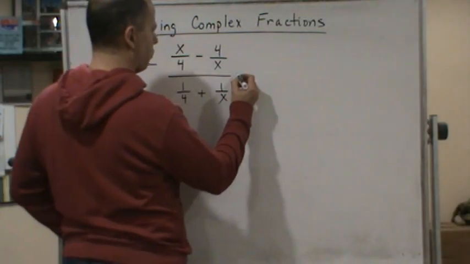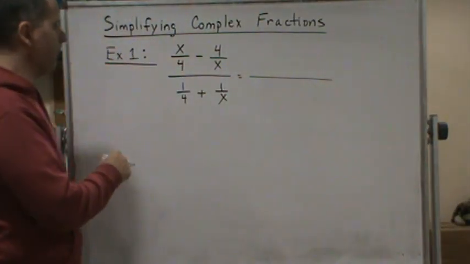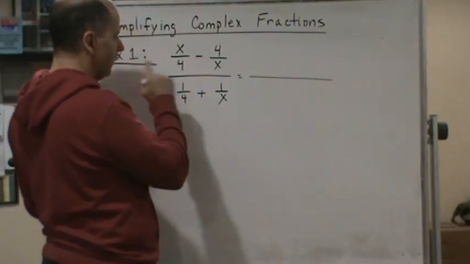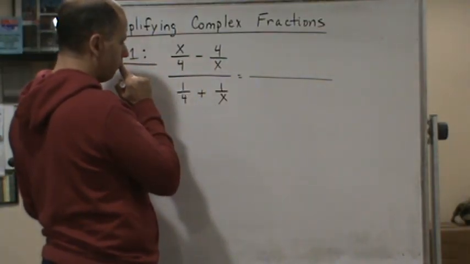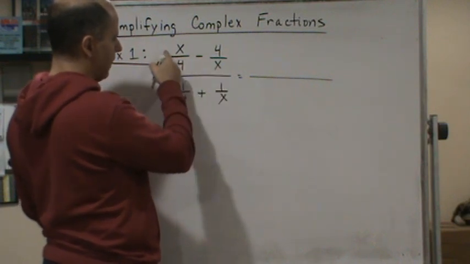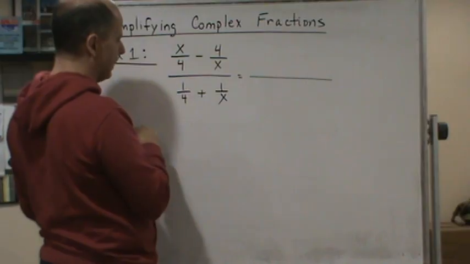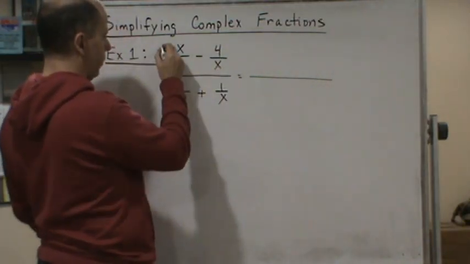So I would first rewrite this as one fraction by saying, okay, here I can combine this by saying, I can multiply this by 4x, the top and the bottom of this by x, and the top and the bottom of this by 4. Okay, so I could do this.